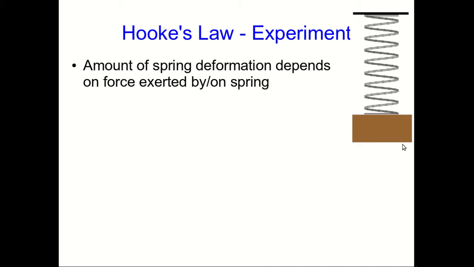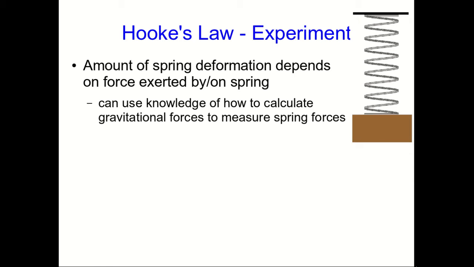So how does the spring deformation depend on the force exerted by the spring? Well, now that we know how to calculate gravitational forces from the previous lecture, we can use that to indirectly measure spring forces. If we hang something like a brick off of the end, then we know in equilibrium the upward force exerted by the spring is equal in magnitude to the downward gravitational force.